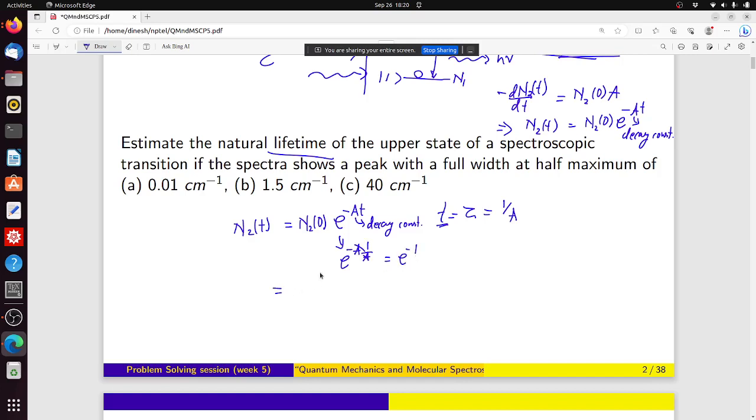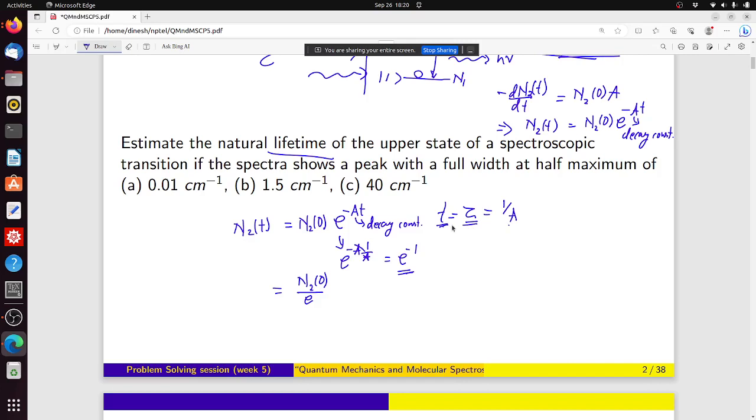So effectively, n2(0) by e, e to the power minus 1 is nothing but 1 over e, right? So we defined a time, we named it tau, which is 1 over A.